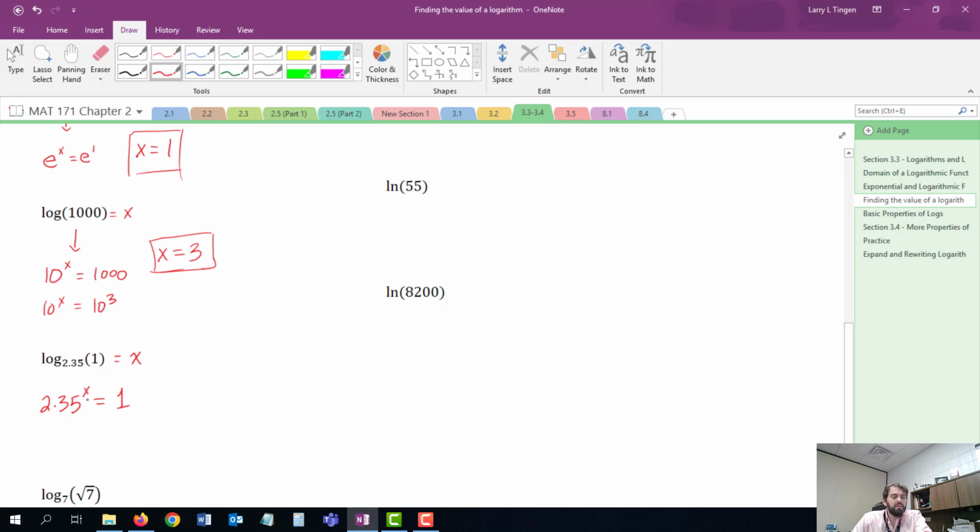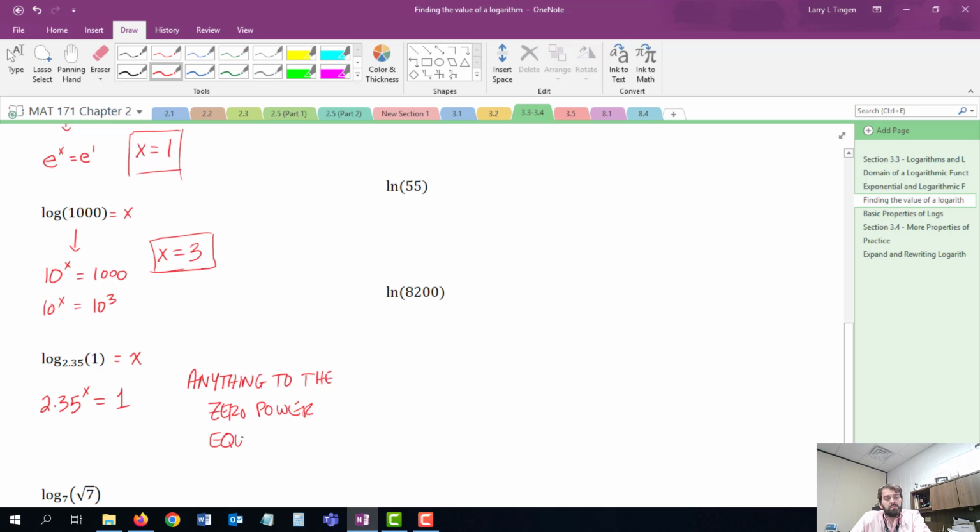And the property or the rule that we're going to use to make this work is anything to the 0 power equals 1. And I'm going to write that word down here.